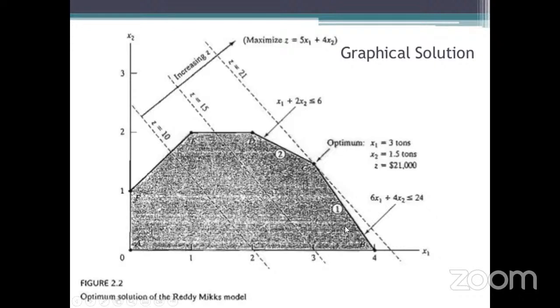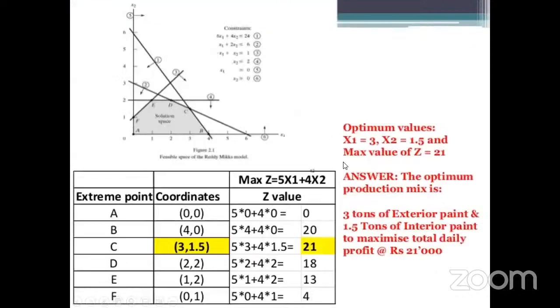The intersecting equations need to be solved, and we should get the x1 and x2 values of all those points A, B, C, D, E, F. If you substitute these coordinates in the objective function, maximize z equals 5x1 plus 4x2, you get the z values 0, 20, 21, 18, 13, and 4.